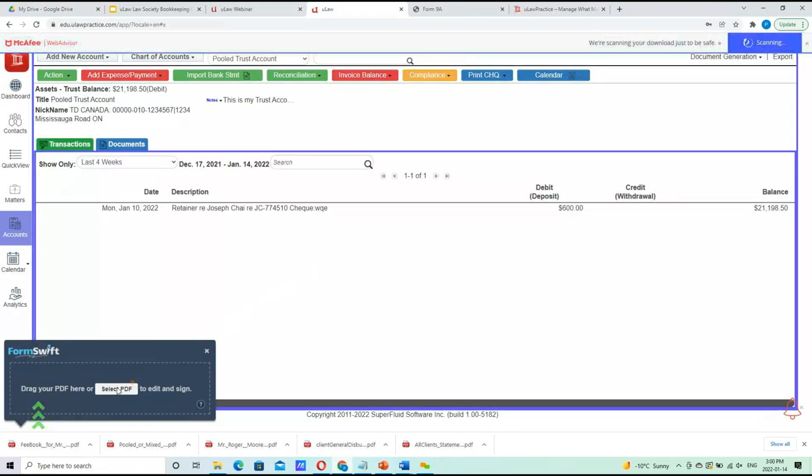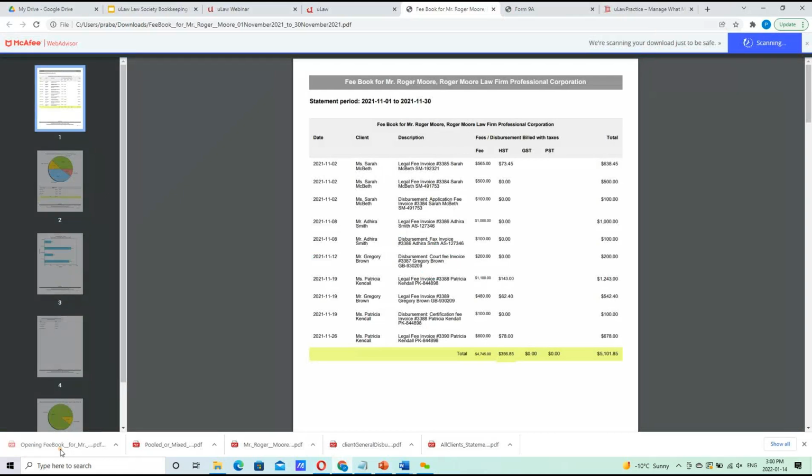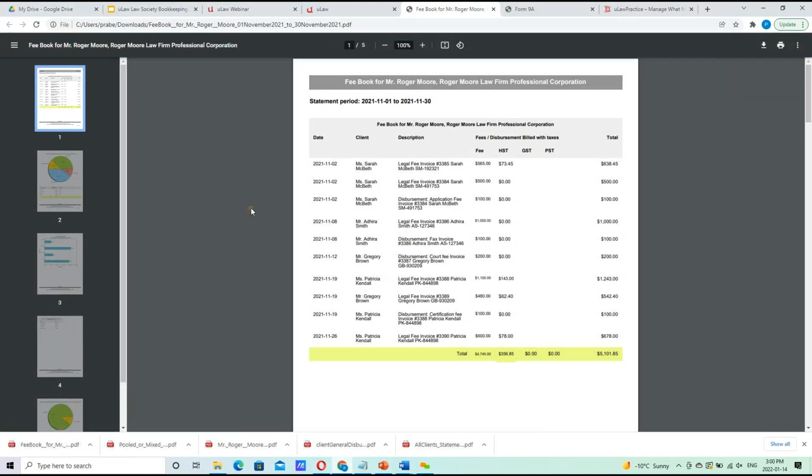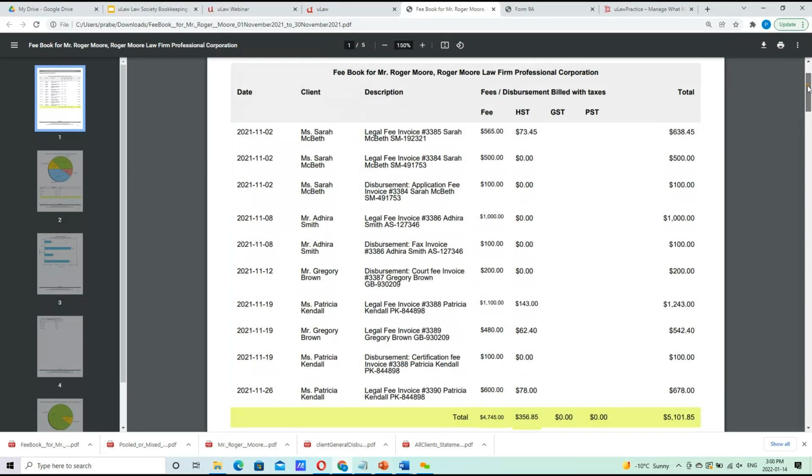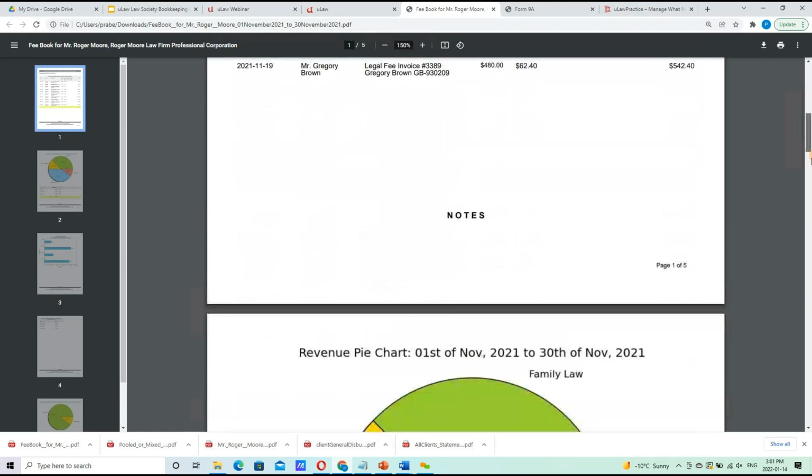So essentially you've got these documents readily available for you to download, and because they're automated, they're able to take the actual date range that you need it for, and based on the information that we've already captured, are able to tell you exactly what this particular fee book looks like. So you've got by date, by client, by invoice number, the amount of fees generated, the amount of taxes involved in that as well. Okay?